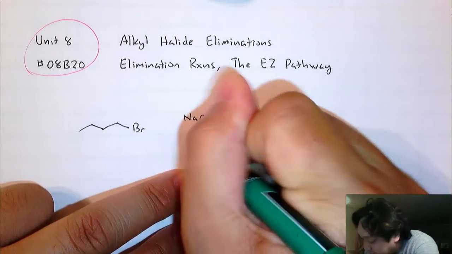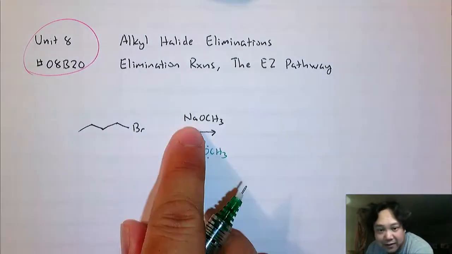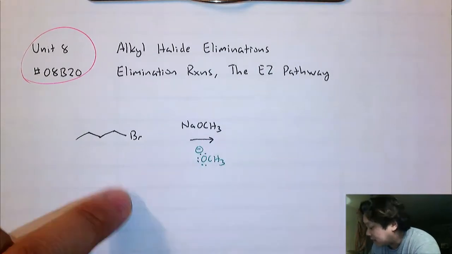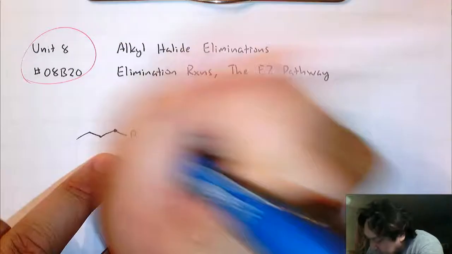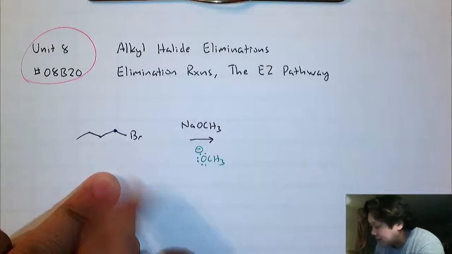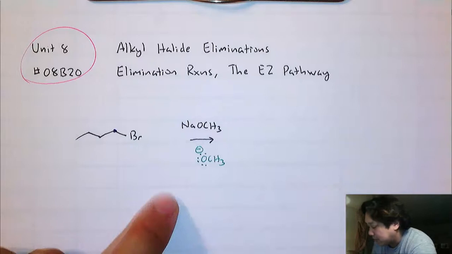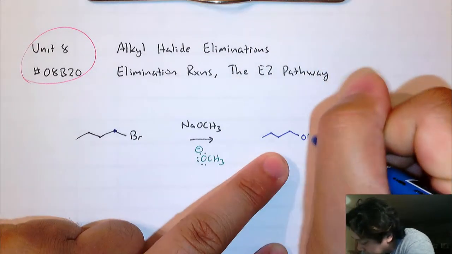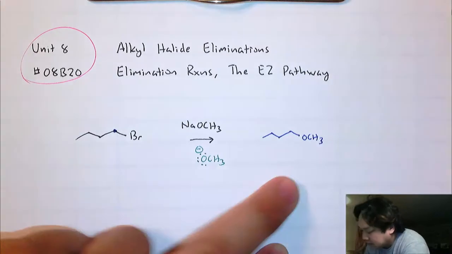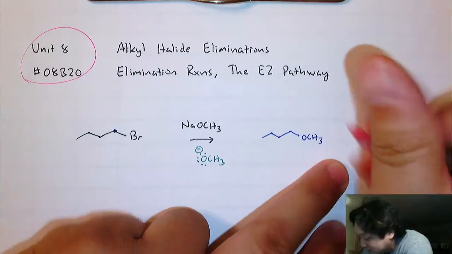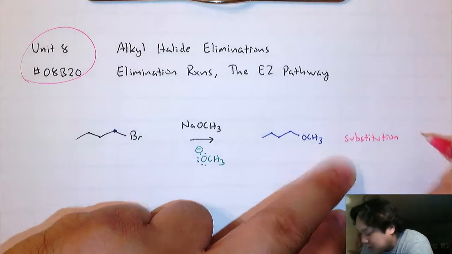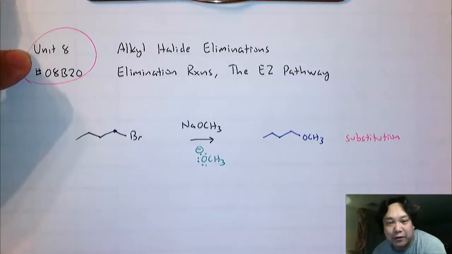Okay, that's step 1, understanding that this is an anion, or it separates into its anion and its cation, and you'll attack that carbon and take out the bromine, and you would get this product. That is definitely the substitution product, which you probably learned about in Unit 7, alkyl halide substitution.